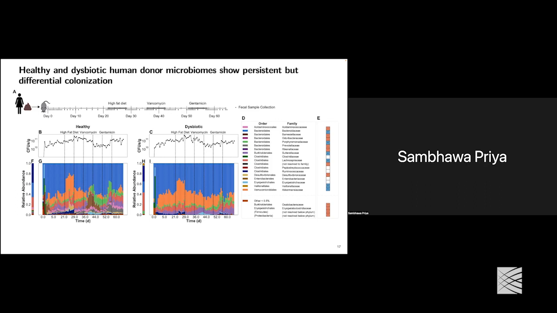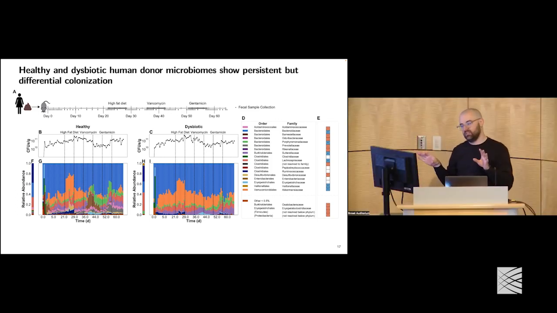There's no mixing of the cohorts. The cohorts were separate. I meant the mixing of perturbations, like high fat and 2 different antibiotics. Oh no, they were done serially one after another. So here you can see on day 21 or 22 is a high fat diet for 10 days, 2 weeks off or 10 days off, vancomycin, and then gentamicin.